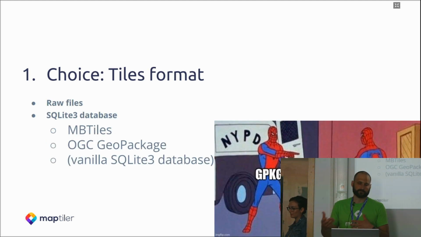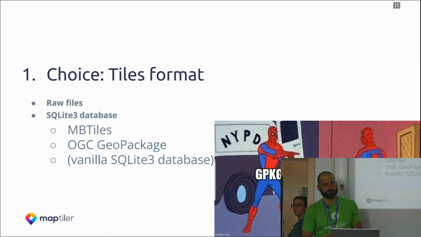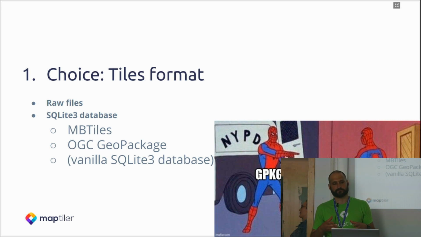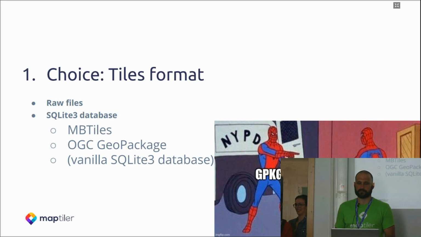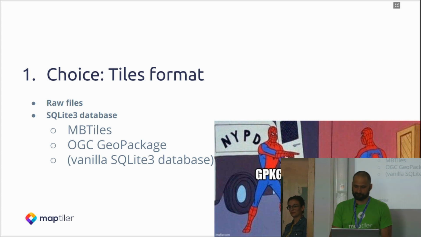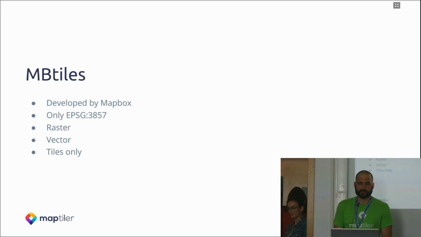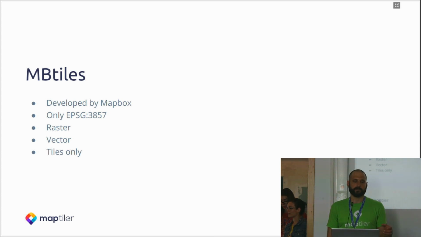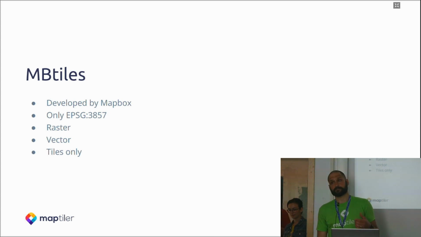Basically, you have 2 most common options. You tile into so-called raw files, storing them directly on the hard drive, or use some kind of SQLite 3-based database. It can be either MBTiles or OGC GeoPackage, but they are similar. MBTiles was developed by Mapbox, and it supports only one coordinate reference system, but you can store raster and vector data there as well.